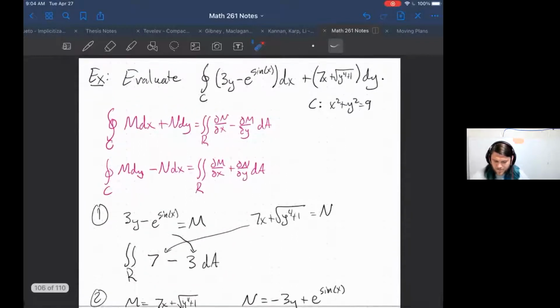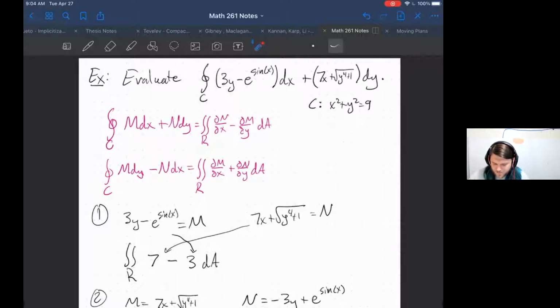We also saw that if you're given a line integral just like this on some curve, and you're not necessarily given a vector field, you can take this information and pull a vector field out of it, right?